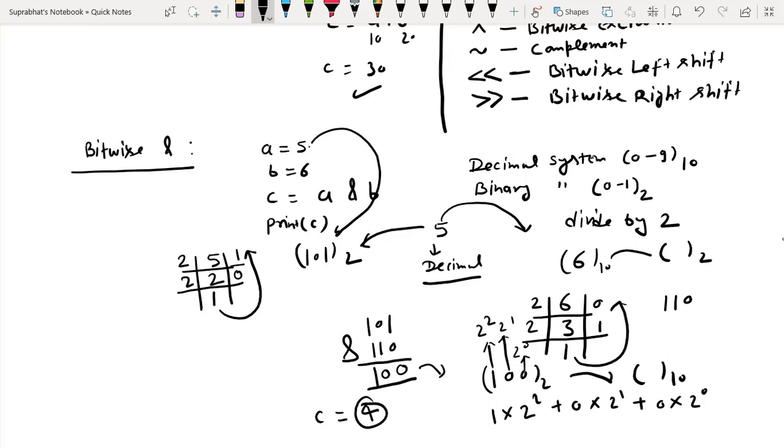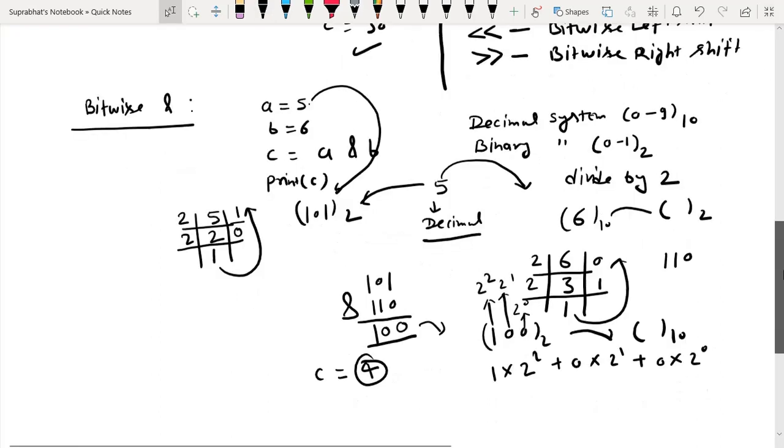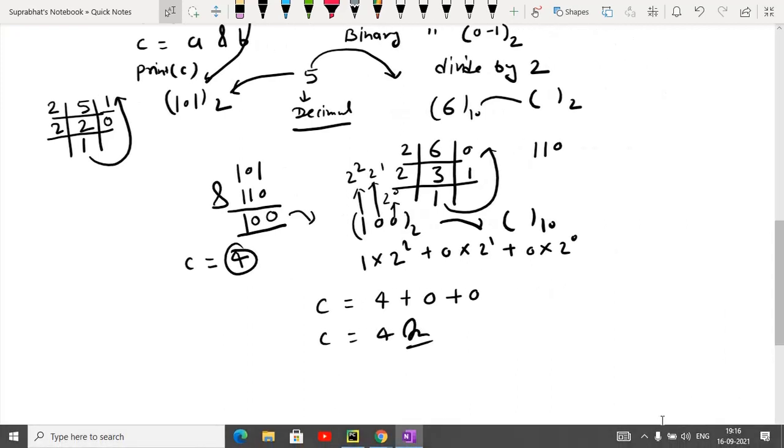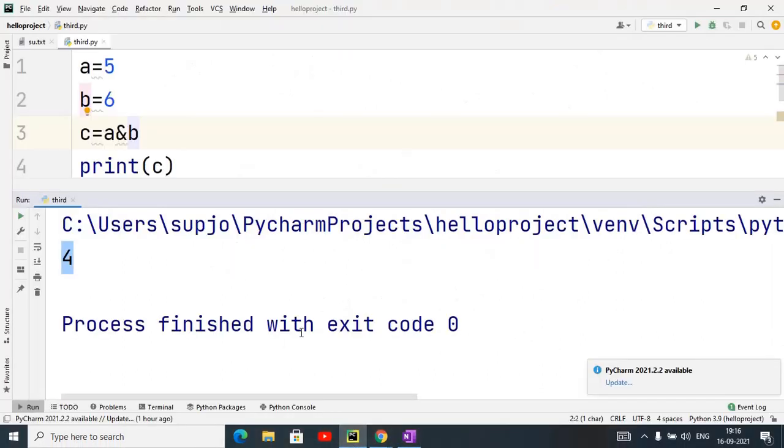What is the value of 2 to the power 2? That is 4. Then 0 plus 0. So the final value in C is 4. That's why it is displaying the answer. You can see the answer is 4 on the screen.